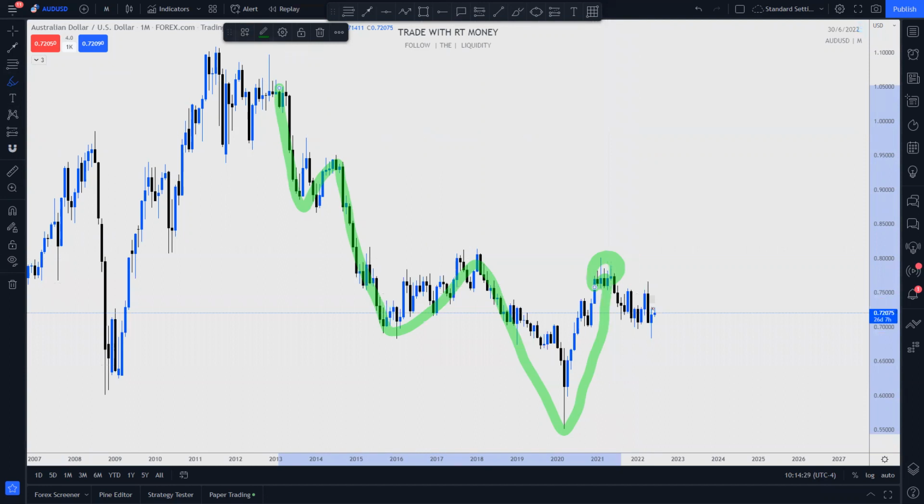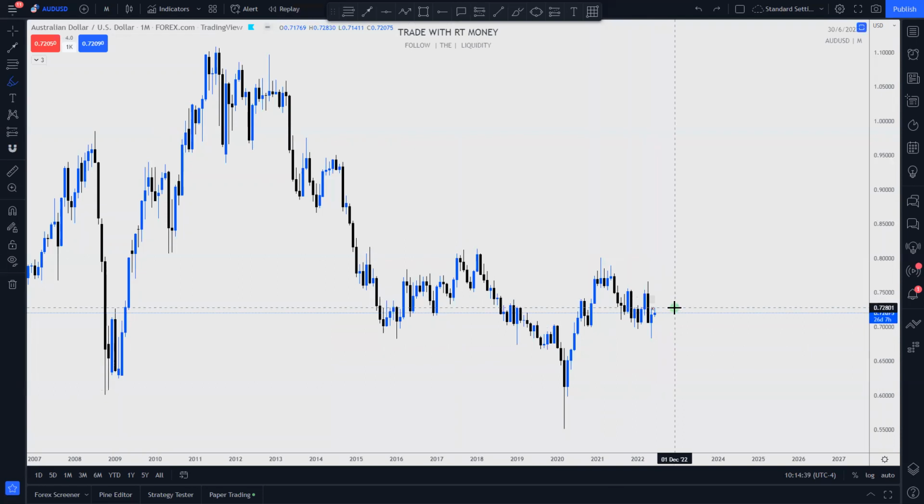What am I looking for? I'm looking for price to go lower, to quite potentially take out that low to make a lower low. That's what I'm looking for. But I'm watching price consolidate around here, get stronger, then weaker, then stronger, then weaker. It's doing a bunch of nothing.